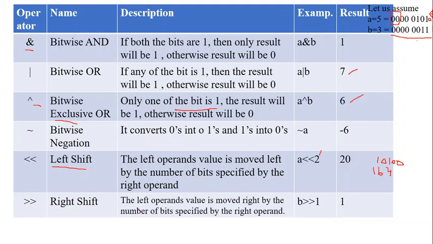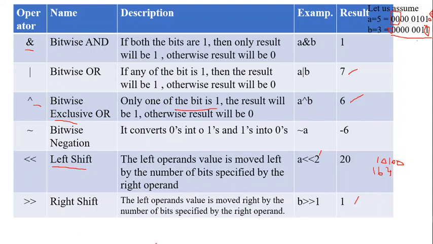Consider the same example, right shift operator for B. The bits will move one position to the right, which means the rightmost bit will be dropped. On the left-hand side it will add one more 0. So 7 zeros and 1 means the result is 1. It is like a division by 2.